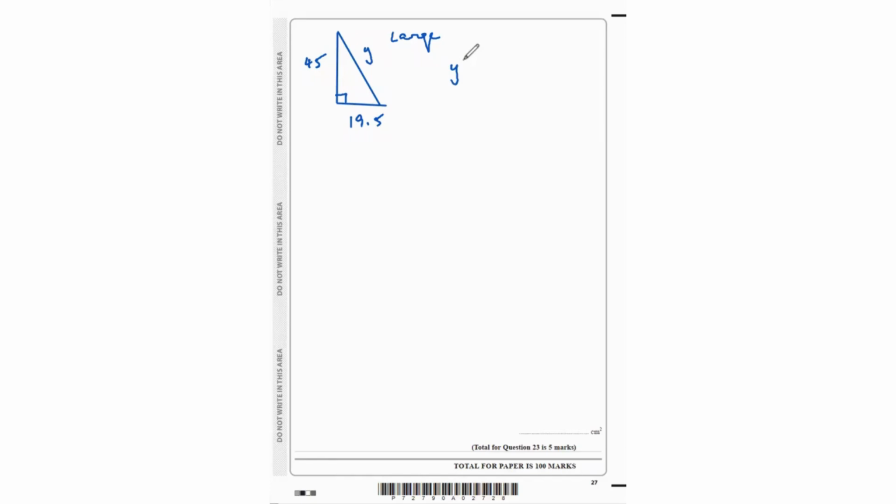So that's going to be y squared equals 45 squared plus 19.5 squared, which gives us 2,405.25. We will square root both sides, and y would be 49.04 centimeters.